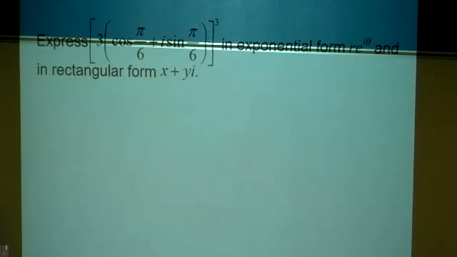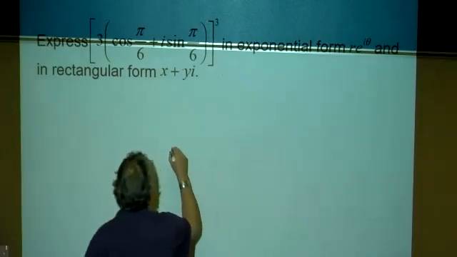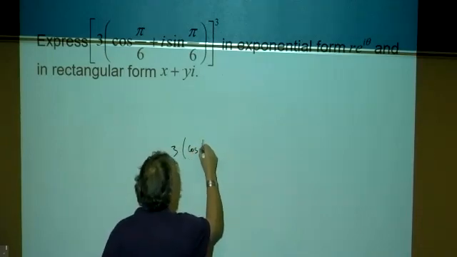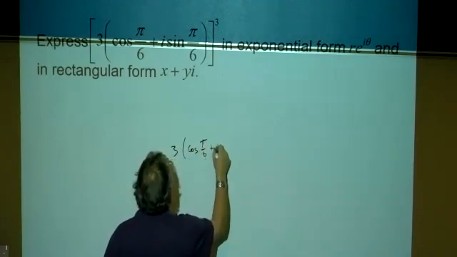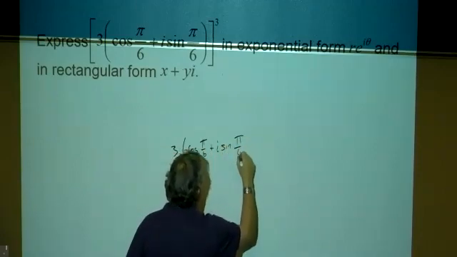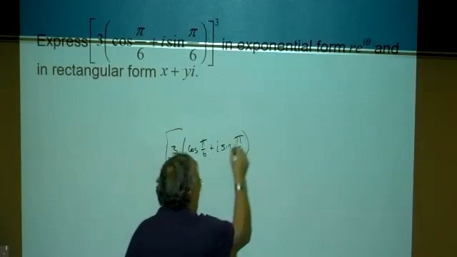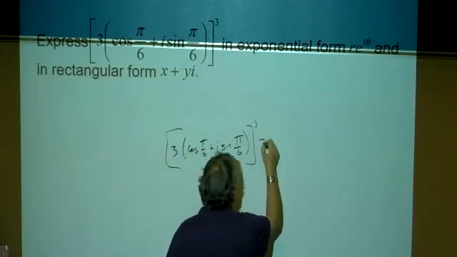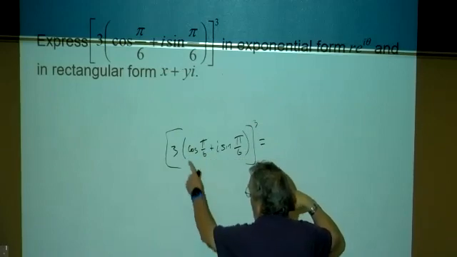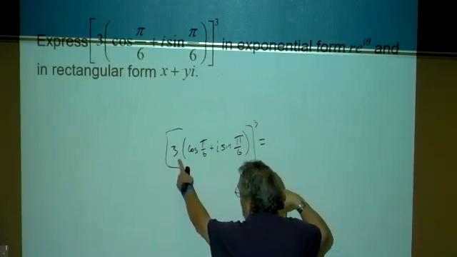So we have 3 times the cosine of pi over 6 plus i sine of pi over 6, being raised to the 3rd power. So this becomes, r is 3.